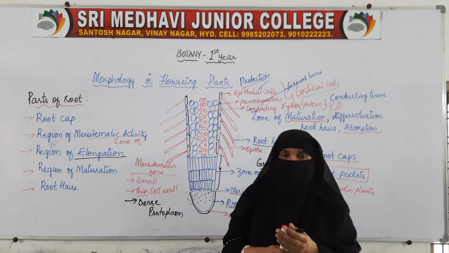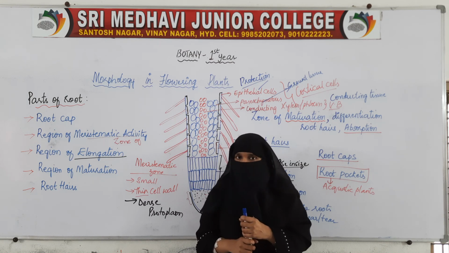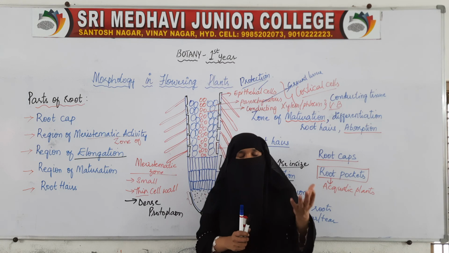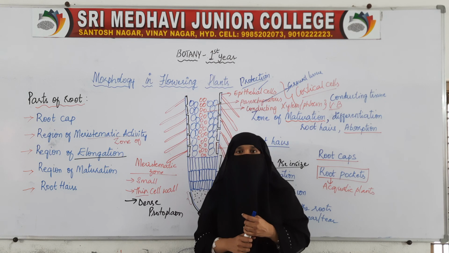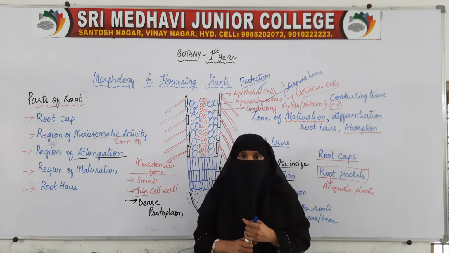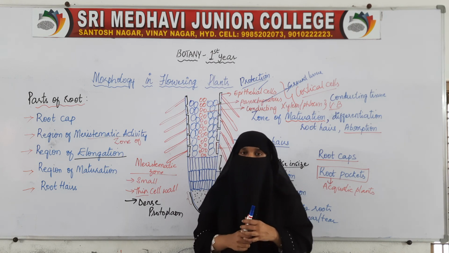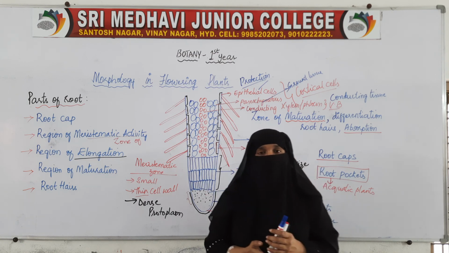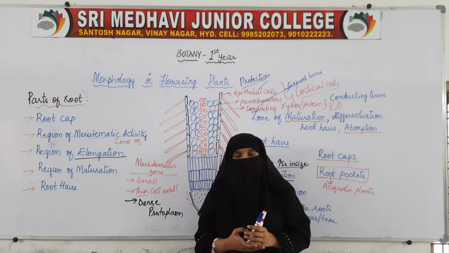Apart from absorption of water, giving anchorage to the plant and synthesizing plant growth regulators, the roots also perform some additional functions. They adapt themselves to perform additional functions apart from the basic functions. Those adaptations are called the modifications of root. In the next class, we will see the different modifications of roots.